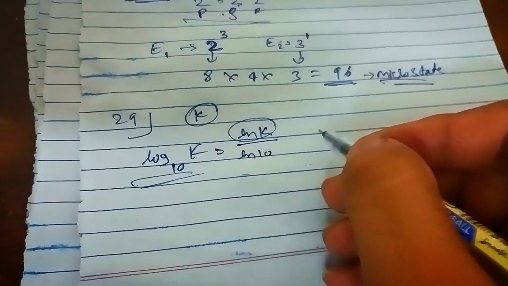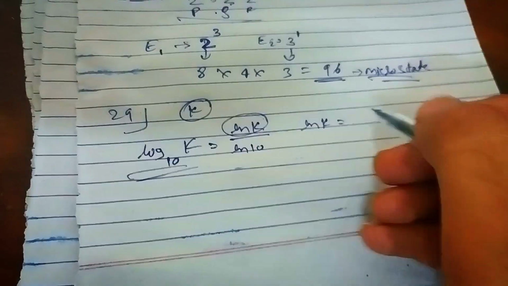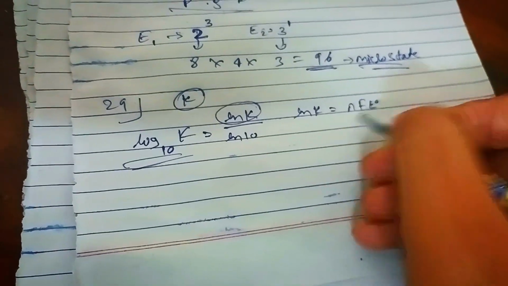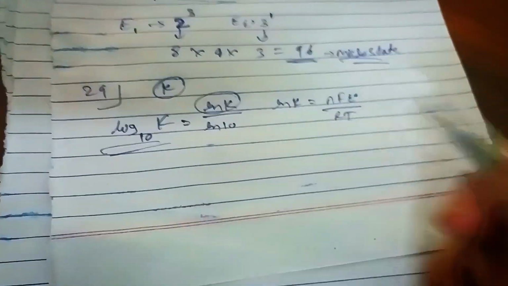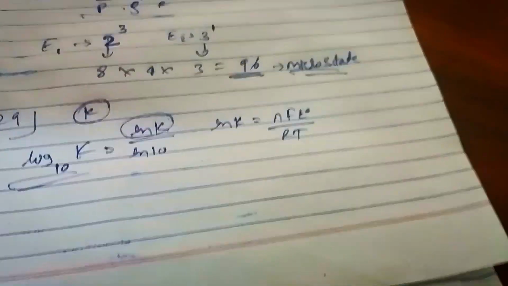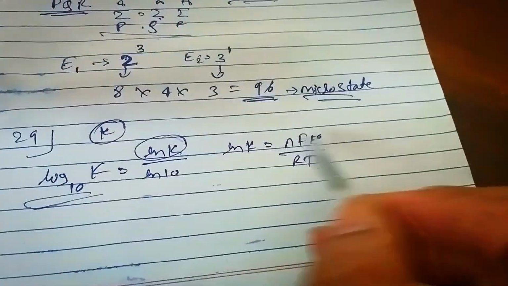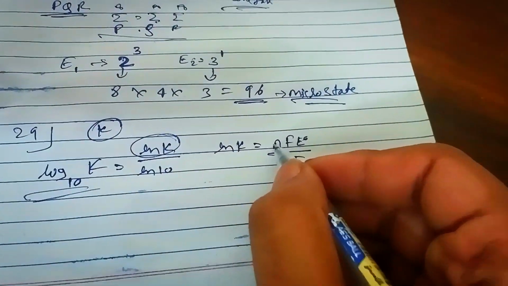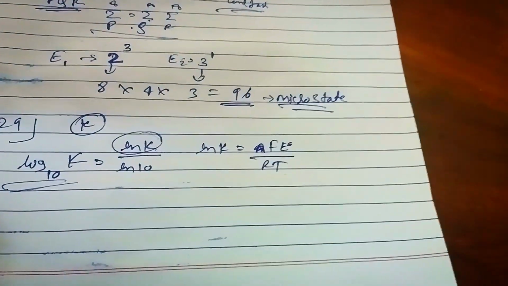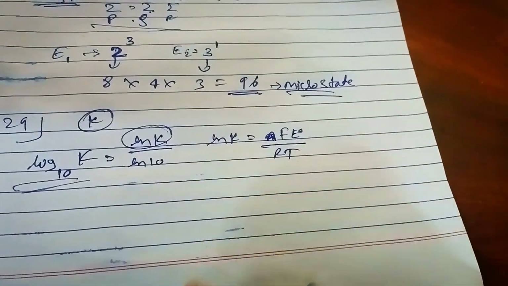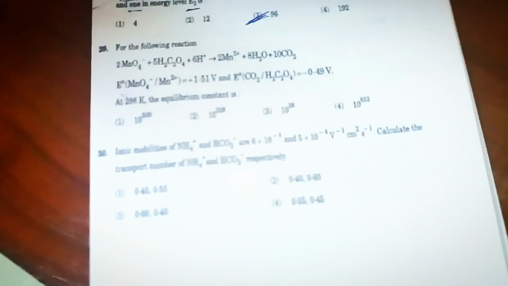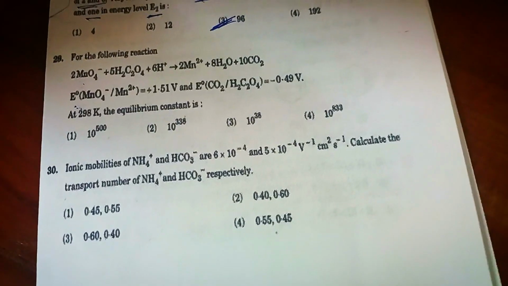So what is ln K? Ln K is equal to nF E0 divided by RT. By using the Nernst equation, we can find this equation. Okay, what will be the n? Here we will use Mn.